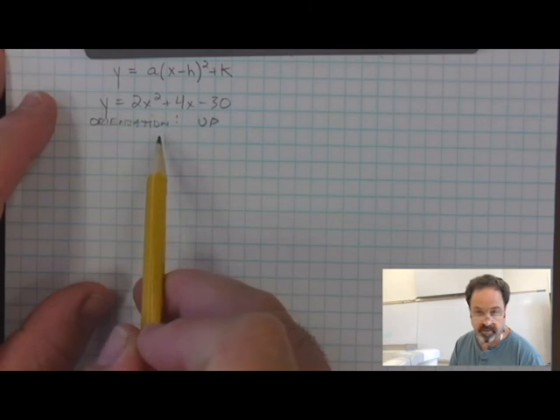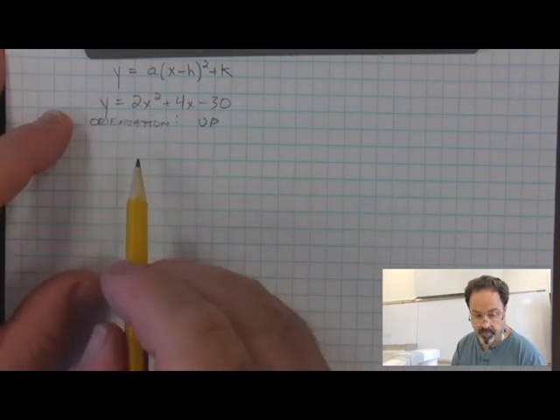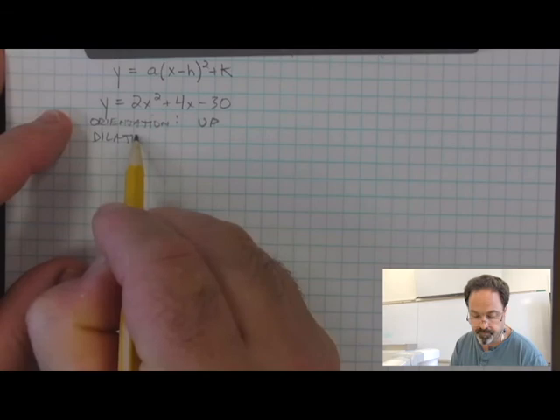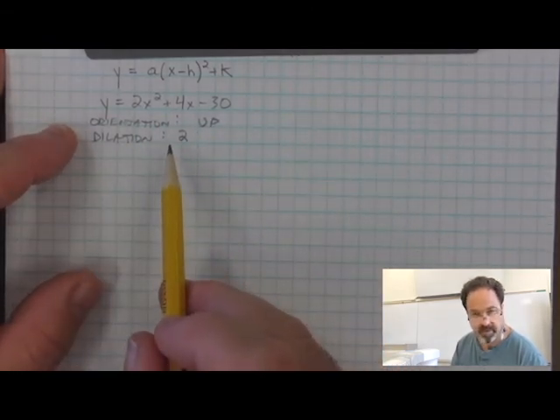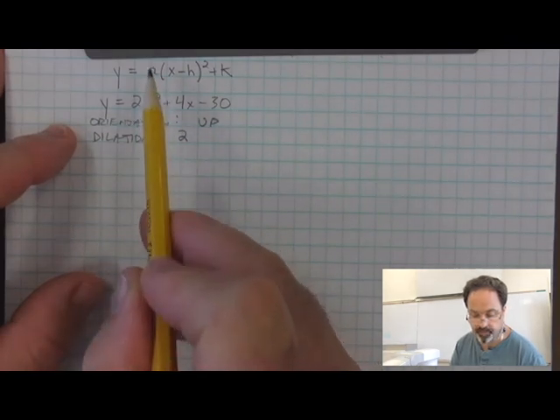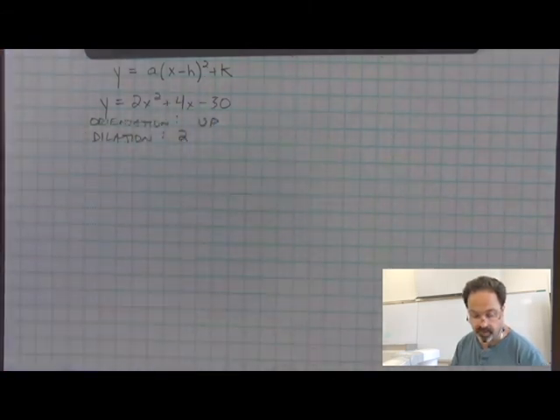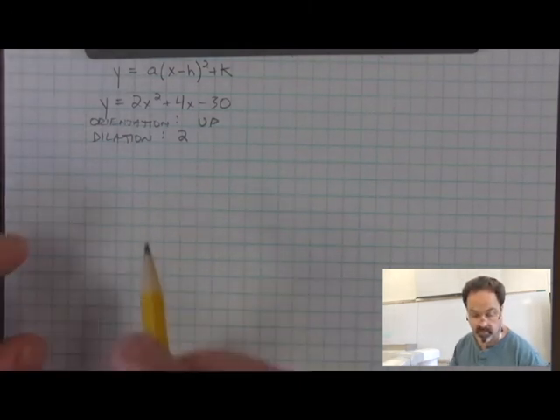It would be oriented down if that 2 were negative. So we are oriented up. And we know that we have a dilation of 2. That means that what we're multiplying the x squared term by, what will become this a value, doubles vertical distances. This is a parabola that is being stretched out.